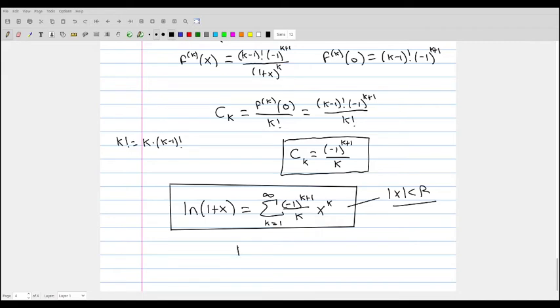So in this example, the radius of convergence is the limit as k goes to infinity of c_k over c_(k+1), which is the limit as k goes to infinity of 1 over k divided by 1 over k plus 1, or the limit as k goes to infinity of k plus 1 over k, which by L'Hopital's rule ends up being equal to 1.